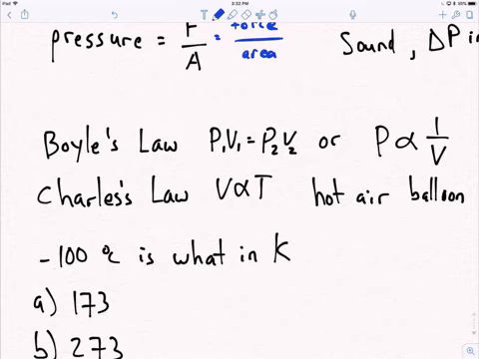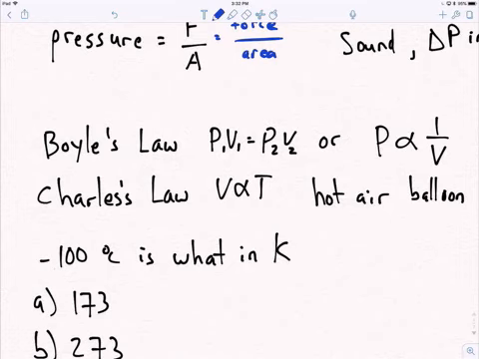That means pressure is in proportion to 1 over volume, also known as inverse proportion. And I remember in high school chemistry, they presented Boyle's law this way: P1 V1 equals P2 V2. What that means is when one goes up, the other one goes down.